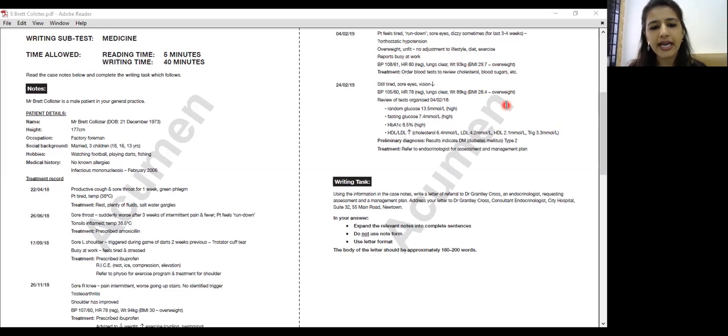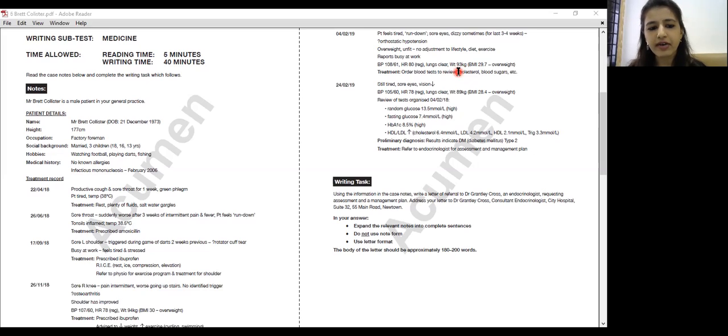That gives the reader a clear idea of what may be causing this problem. Risk factors are not timeline-wise, right? It is not that on 4/2 he had this much weight and now there is a significant change. So while writing about risk factors, you may not need a timeline as such.